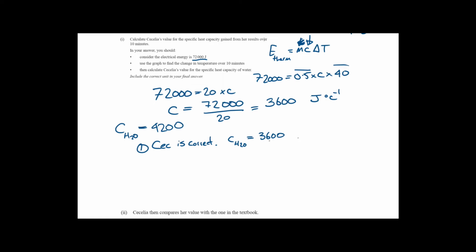It is very, very, very unlikely that her experiment disproves 200 years of observations. Maybe Cecilia has special magic water that doesn't require as much energy to heat up. If she can find this magic water, she's going to be fantastically wealthy.